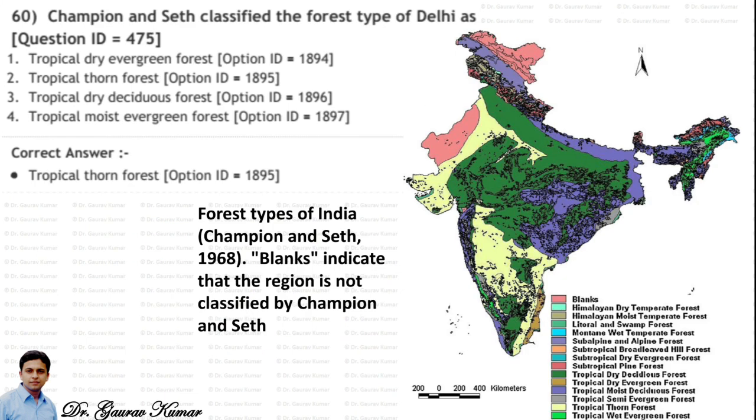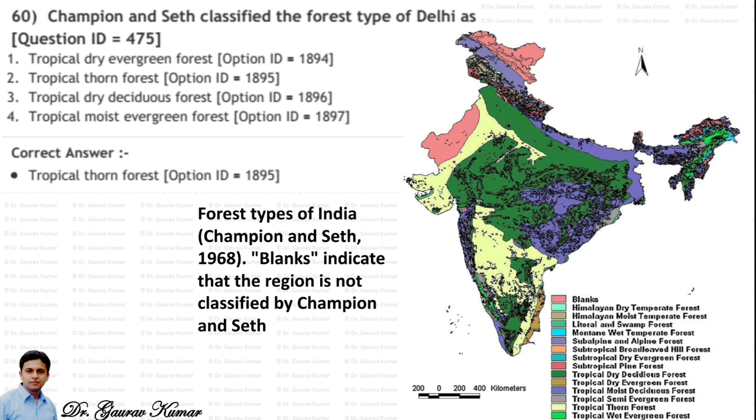Okay, next question. Champion and Seth classified the forest type of Delhi as. If you just Google Champion and Seth 1968 and see the Google images, in case you are not able to see this image properly or there is a resolution problem with your cell phone or laptop, you will get this image in the Google images.